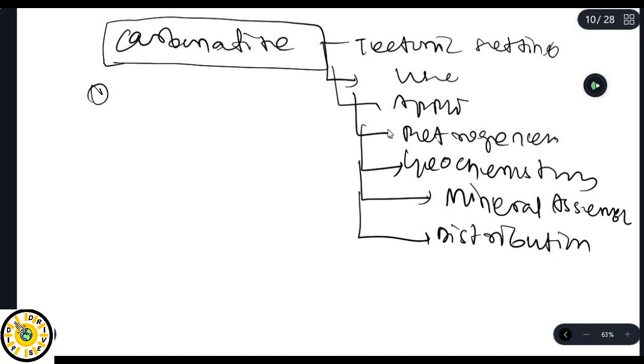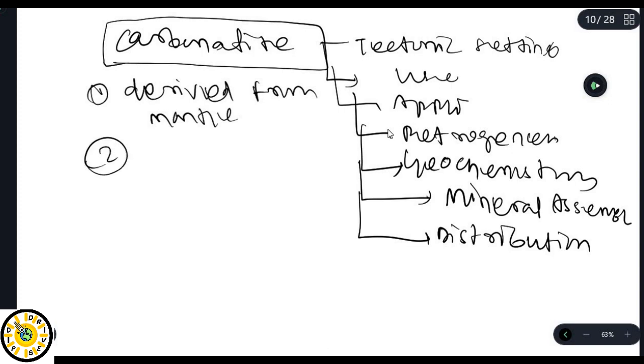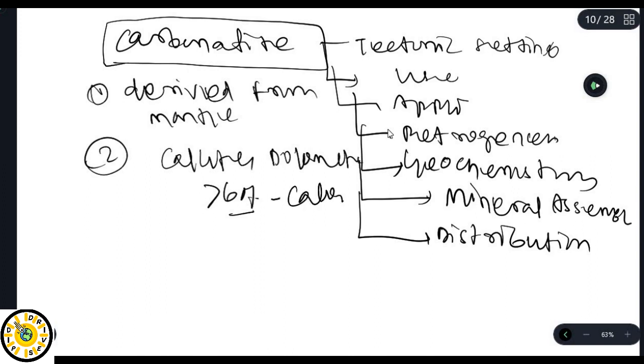So carbonatite is derived from the mantle. Why is it carbonatite? Because the majority of the rock will be calcite and dolomite, greater than 50 or 60% will be CaCO3 rock, and for the rest you can find some olivine, and some apatite will be there.